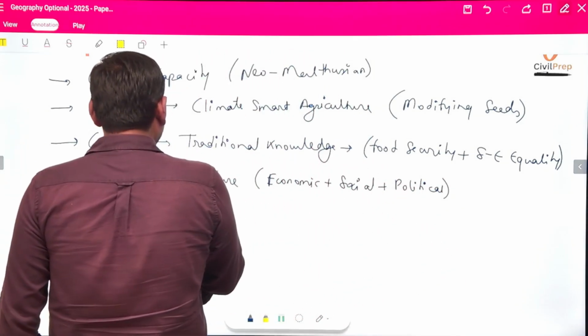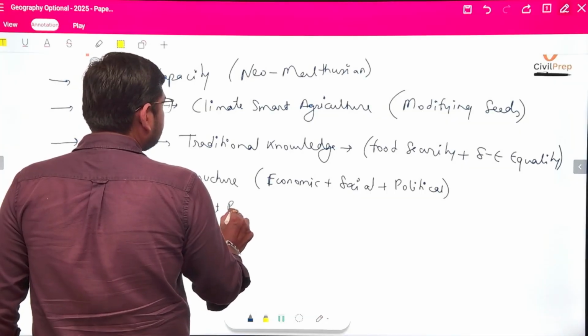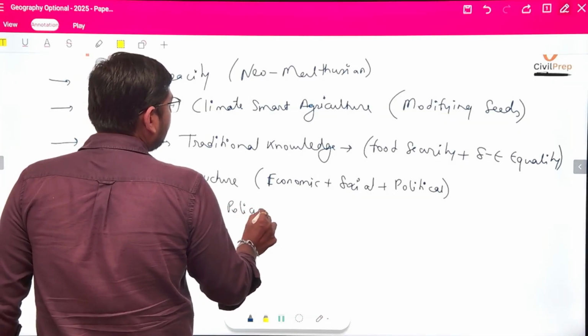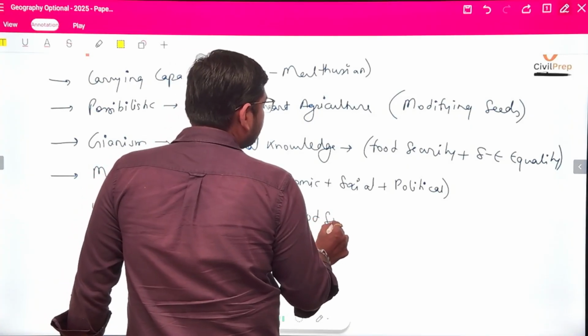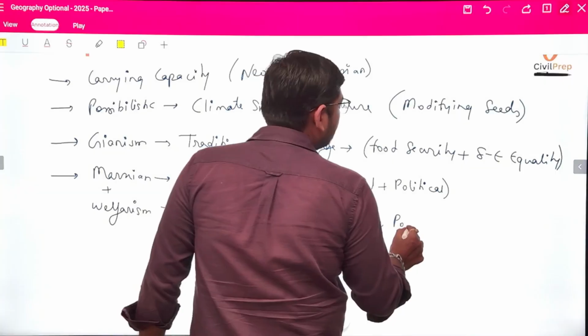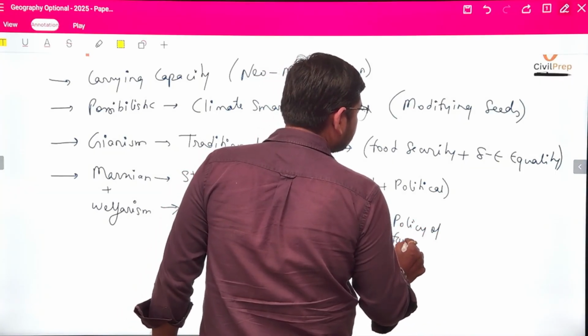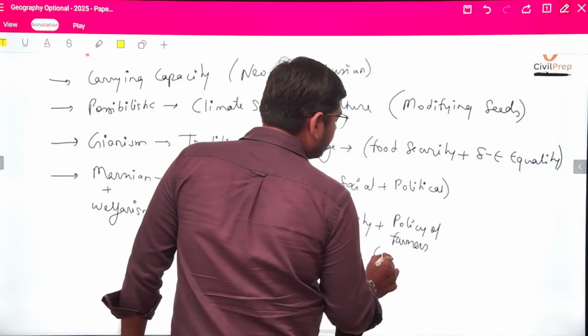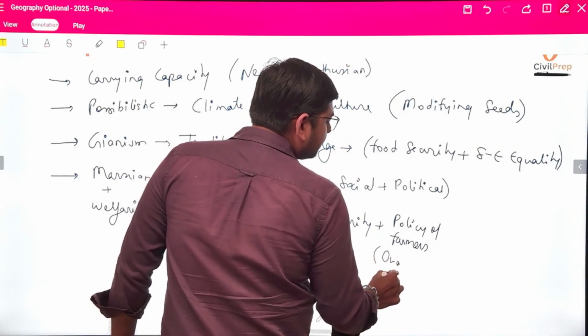And from welfareism, we need to look at the government policies with respect to food security, plus policy for farmers, that is, we can say, organic farming.